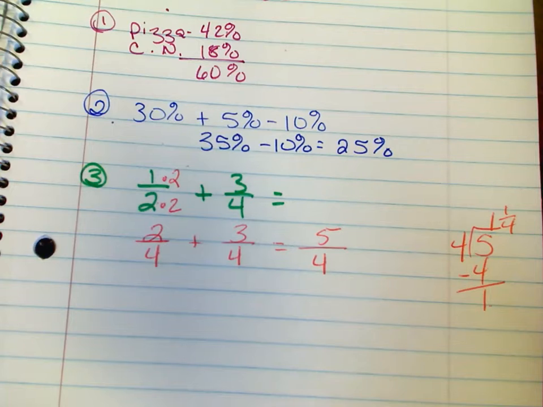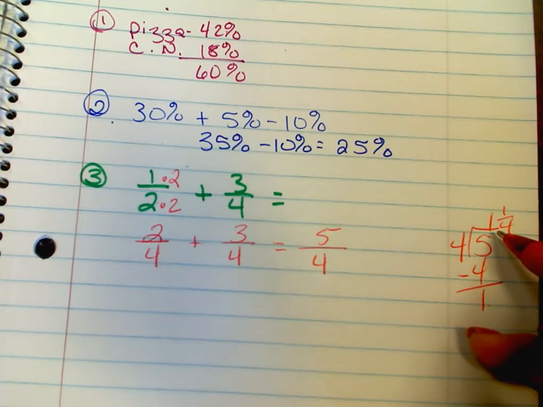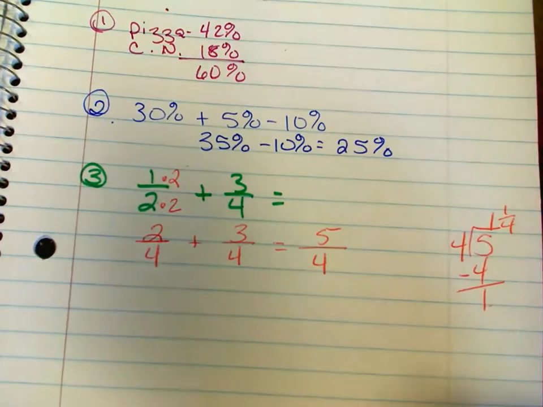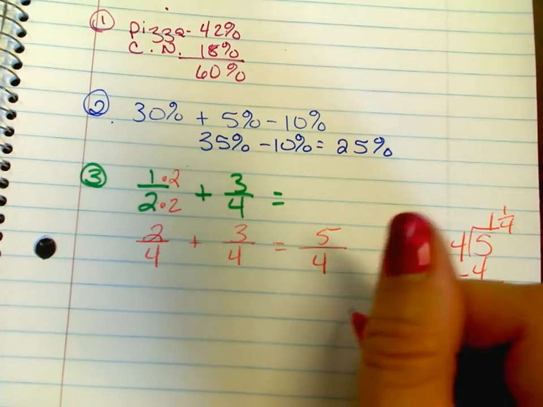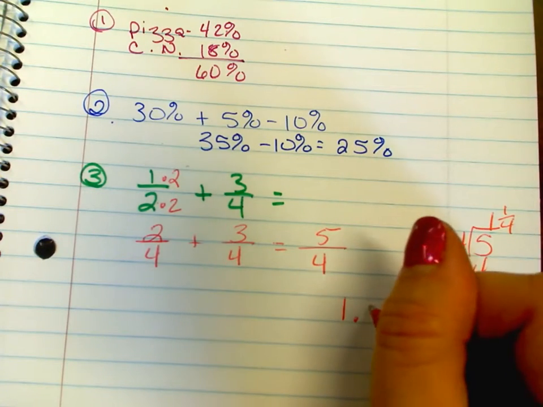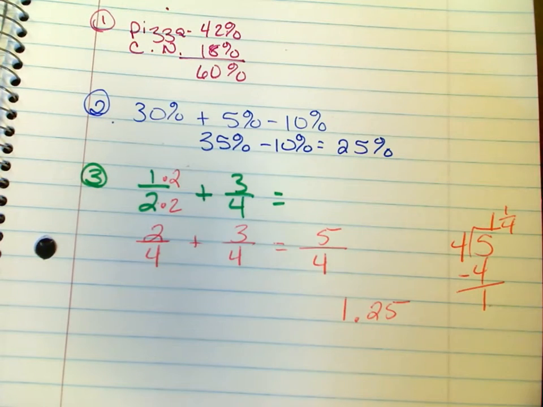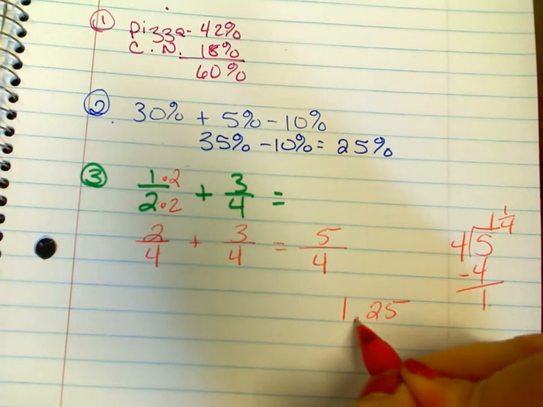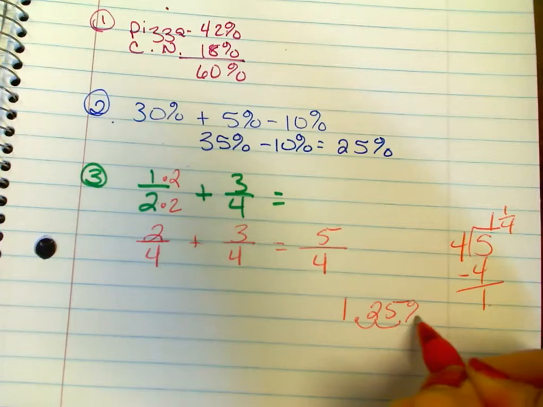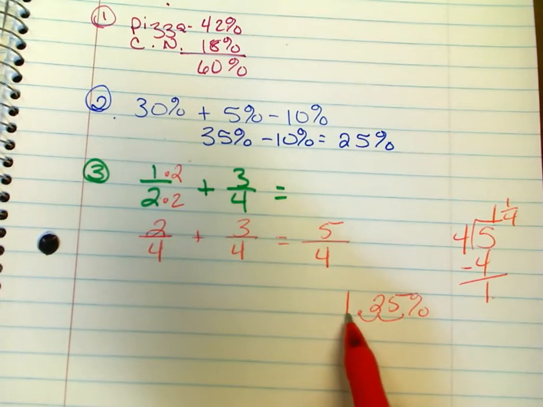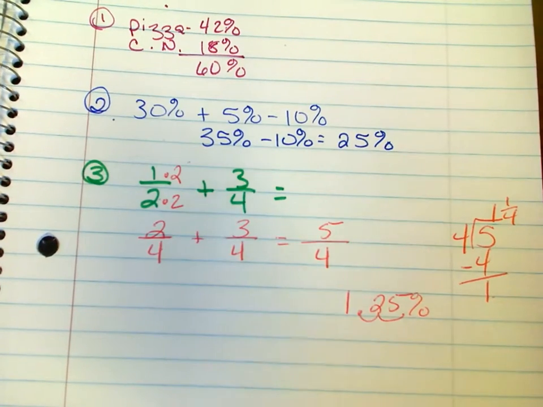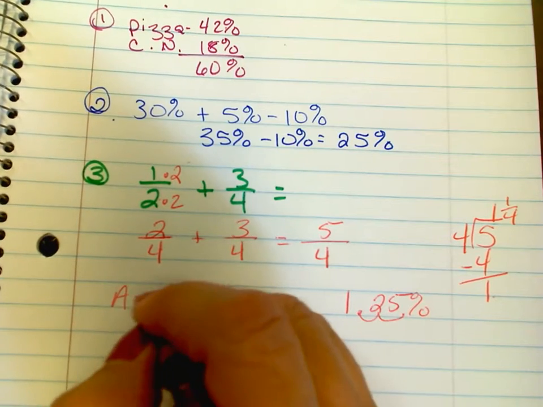But we're wanting a percent, so we can just change that to the decimal, and that would be 1/4 we know is 1.25. Move it twice to the right, put your percent sign, so it's going to be 125%, which is A.